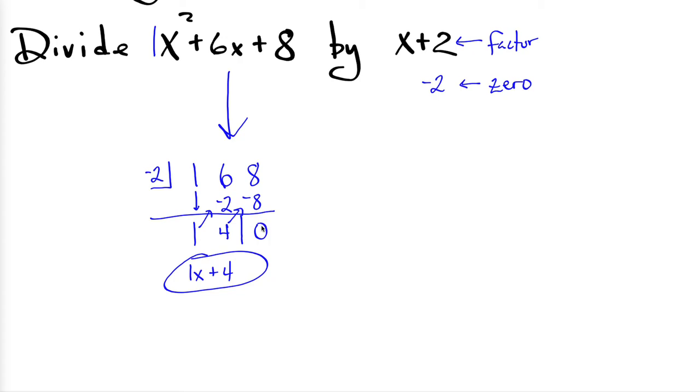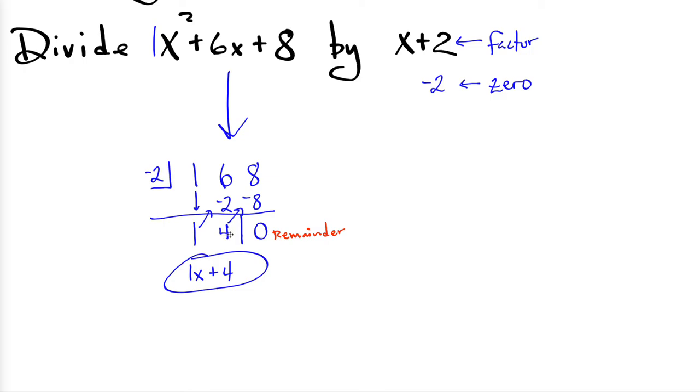Add down, I get 0. This is my remainder. And everything in this lower left-hand corner is your answer.